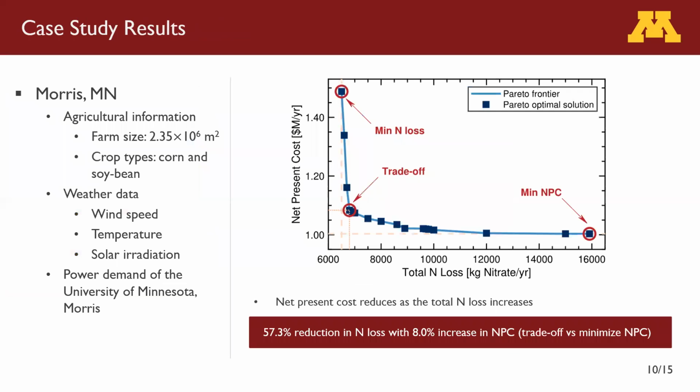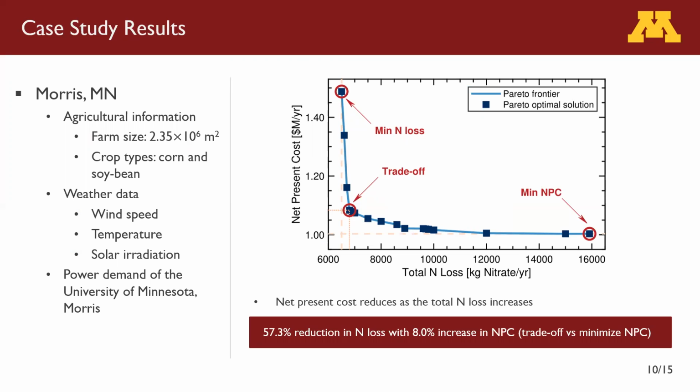In our work, we conduct a case study based on a small-scale ammonia plant and a farm located in Morris, Minnesota. By applying the epsilon constraint method, we obtained this Pareto front curve between the net present cost and the total N loss. Here, we see that the net present cost reduces as total N loss increases, which is expected as they are conflicting objectives.